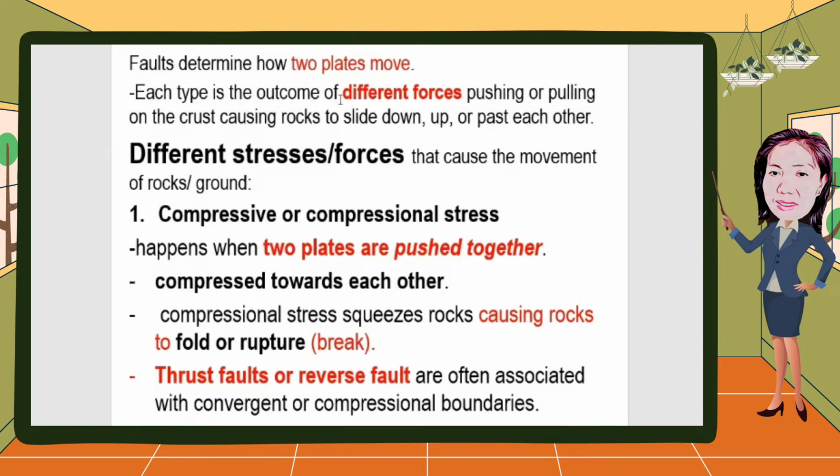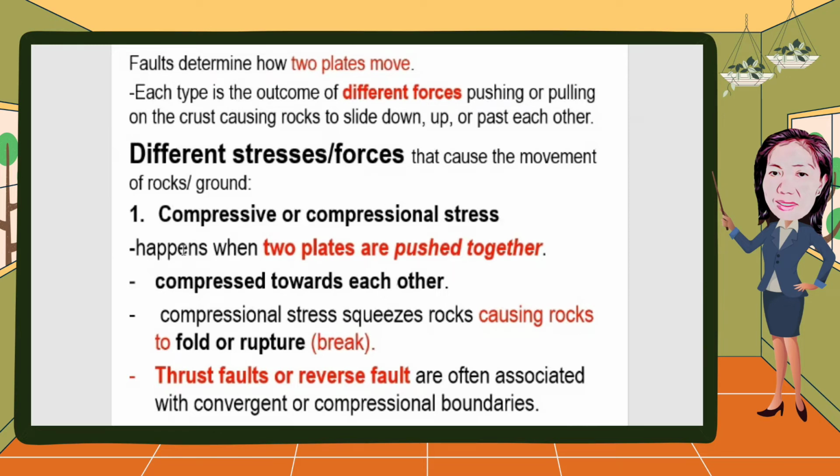So what are these different forces? These forces are what we call stresses. We can also say different stresses that cause the rocks to move vertically and horizontally. So the first type of stress or force is compressional stress.